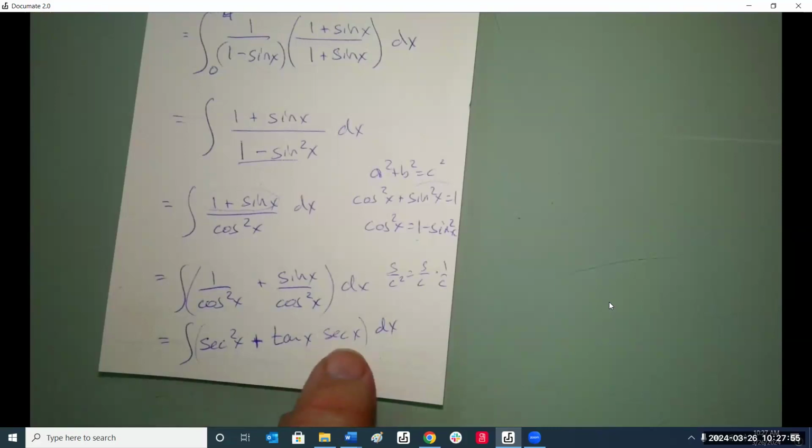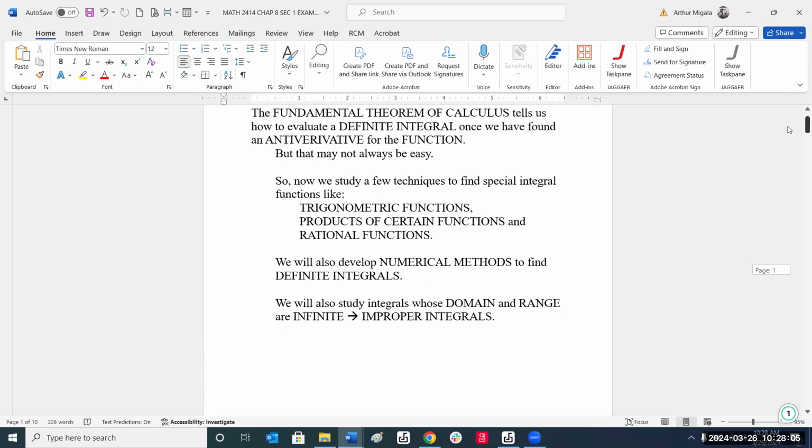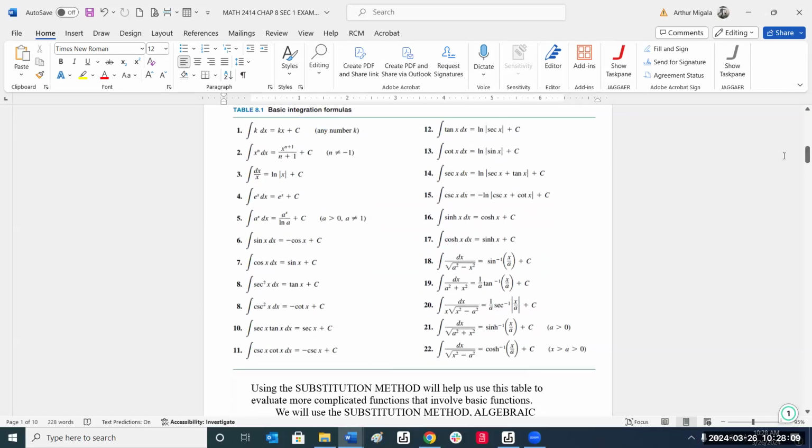All right. Now we can go back to the table and see if we have the integral of this anywhere. So secant squared plus tangent secant.